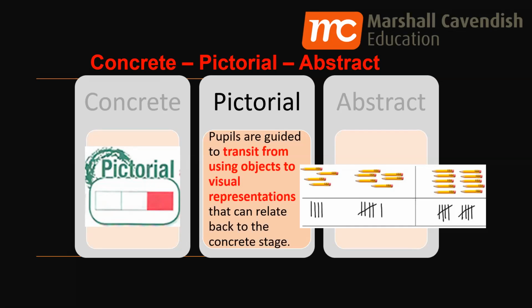Instead of doing the whole subtraction, we break it into bite sizes. So in this case, with addition with renaming, the children are given objects, and that's when the sense making starts. What happens at the pictorial stage is that the experiences at the first stage, the concrete stage, are captured in pictorial form like this.